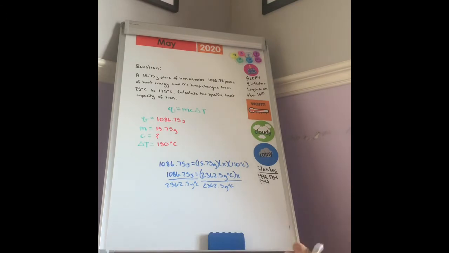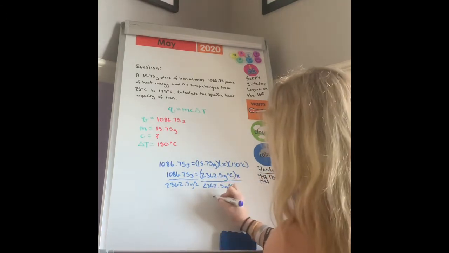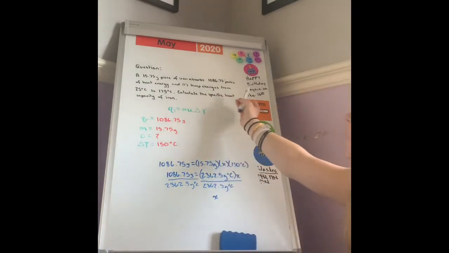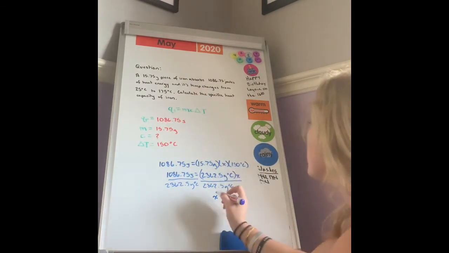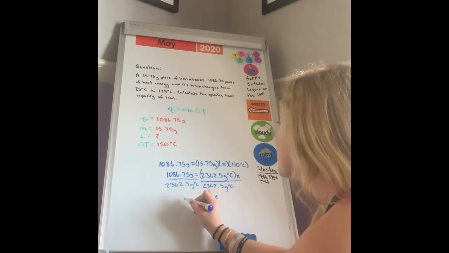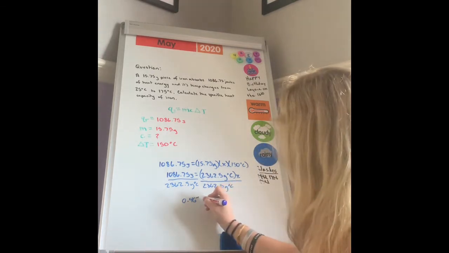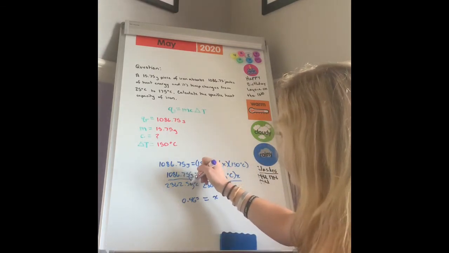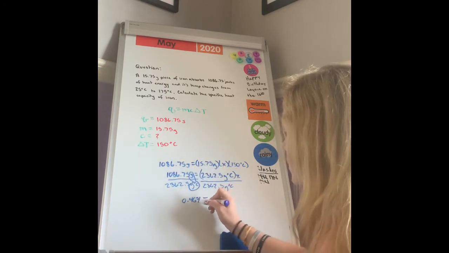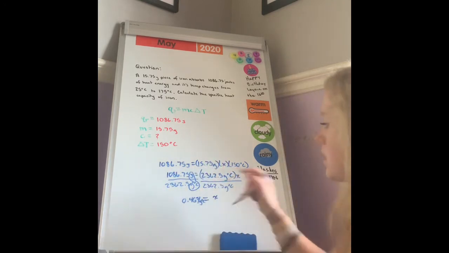So X, or C, or our specific heat capacity would equal 0.46 joules over grams degrees Celsius. Just like that.